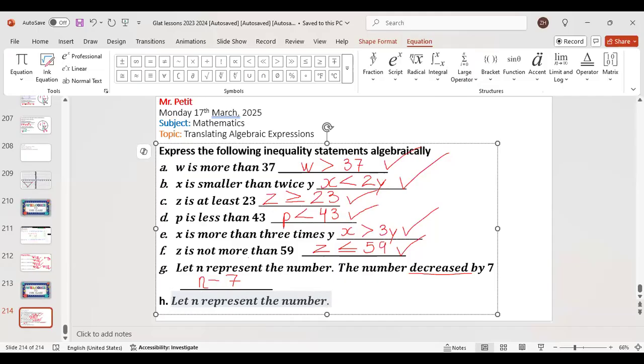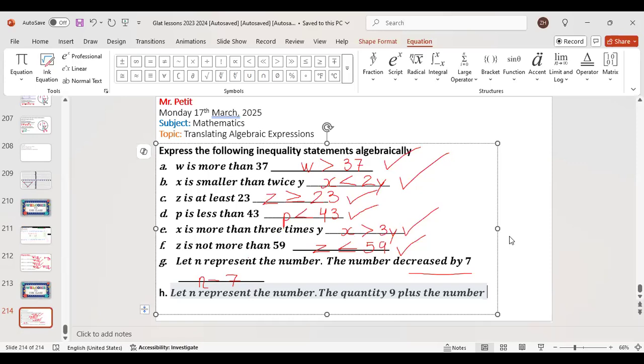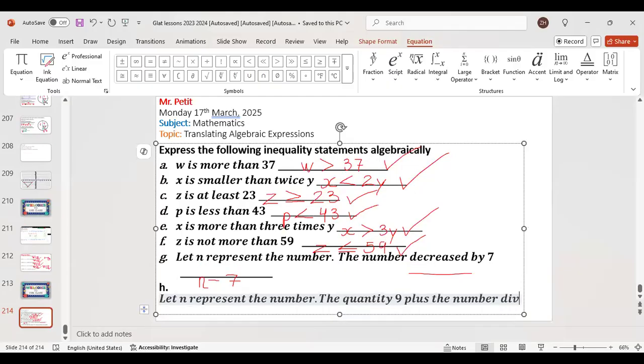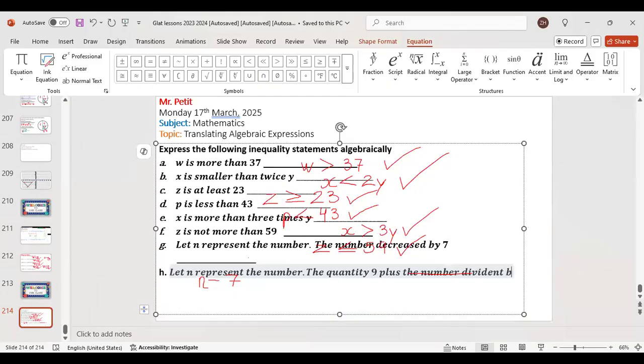And we want the quantity 9 plus the number divided by 4.